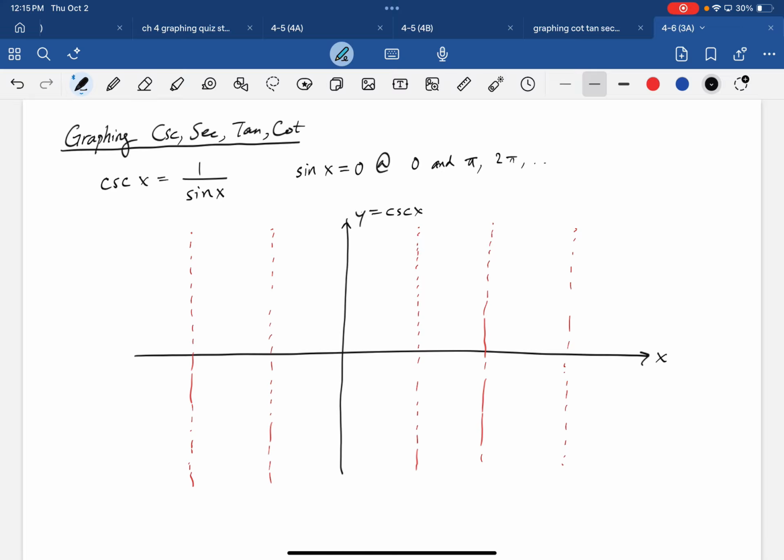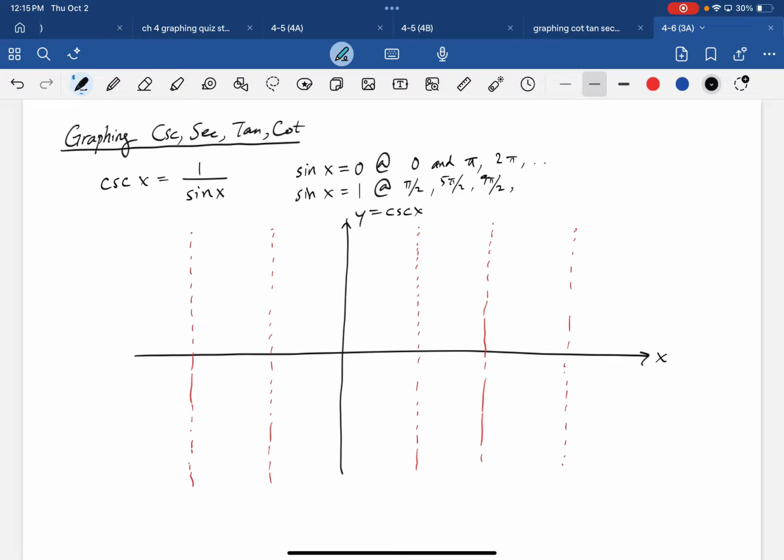There are also some other points that we know. Sine x is going to equal 1 at, you guys remember where? Pi over 2, 5 pi over 2, 9 pi over 2.